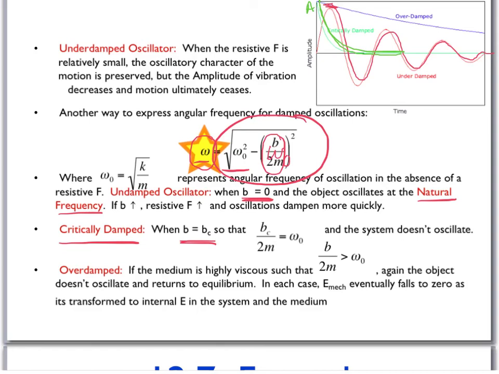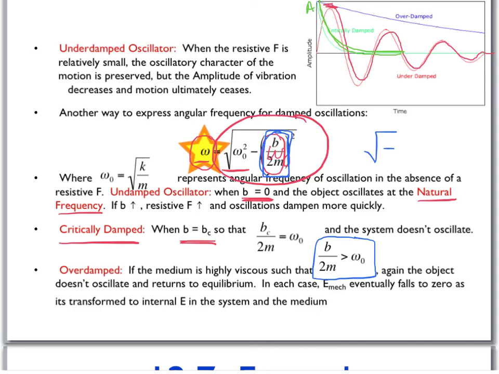Another one we could look at is what we call the overdamped oscillator. An overdamped oscillator is one where the medium is very highly viscous. Think about putting that block on a spring into a vat of honey or something really thick like that. In this case, for an overdamped oscillator, b over 2m is greater than omega naught. Notice that if b over 2m is greater than omega naught, then this term is the larger term, meaning we end up with a negative under the square root sign, or an imaginary number.